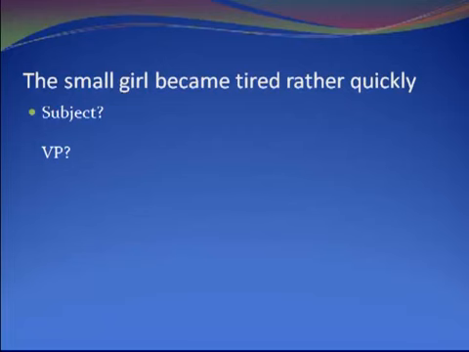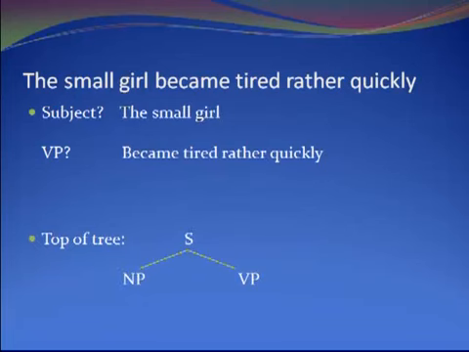Answer, the small girl. So the small girl is going to be your subject. And she became tired rather quickly, and I did so too. What did I do? And the answer is became tired rather quickly. So that's your VP. So now already we know that the top of the tree is going to be a sentence going to the subject noun phrase, and that will have branches going down to, ultimately, there may be other constituents, but ultimately it's going to be the small girl.